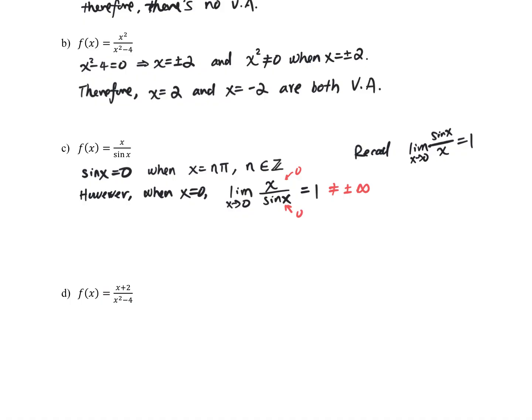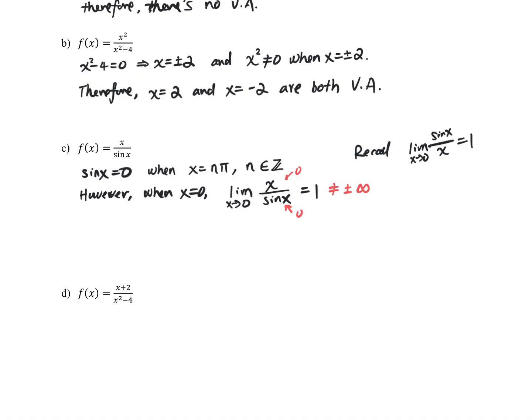So therefore, x equals 0 is not a vertical asymptote. However, for all other values of x except x equals 0, the numerator won't be 0. Therefore, those will be the vertical asymptotes.